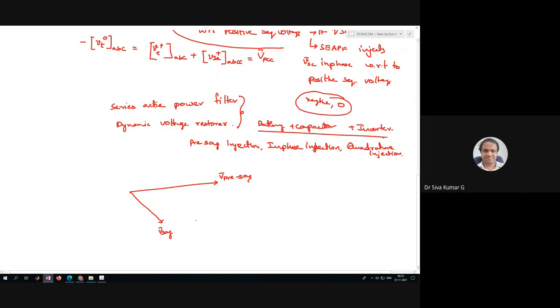What I explained is, if it is an in-phase voltage injection for a case of unbalanced sag, whatever explanation I have given over here, we try to inject with respect to the positive sequence of the terminal voltage. Then it may reach this particular voltage, the PCC, by considering the in-phase.